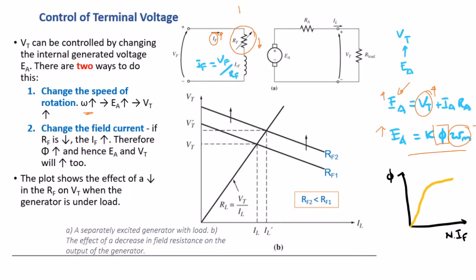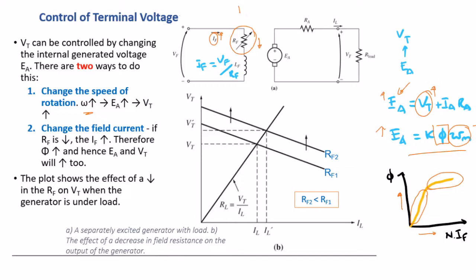Okay, so we can see that as we increase the MMF, which is the IF, flux will also be increased. It's quite linear, especially within the linear region here. Over here in the saturation region, flux is still increased, but not as much as in the linear region.